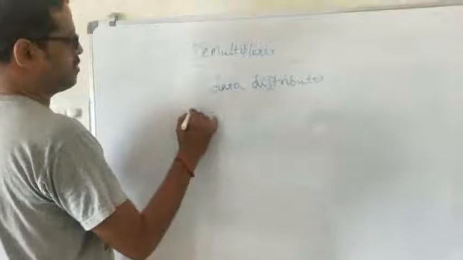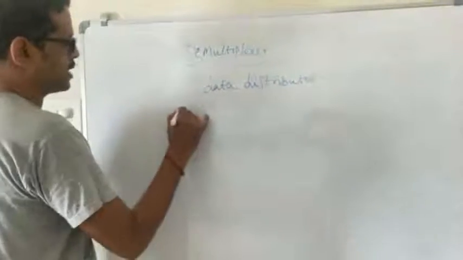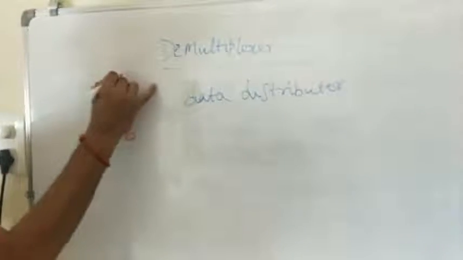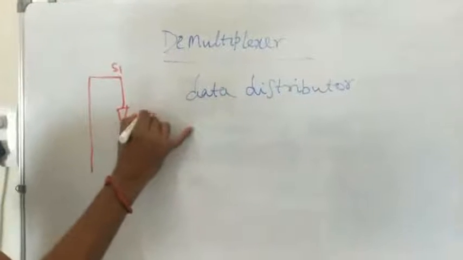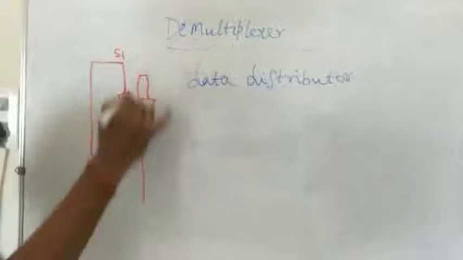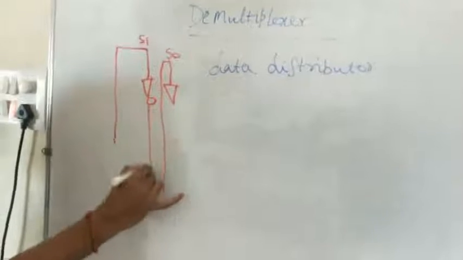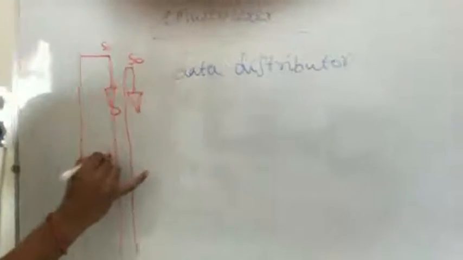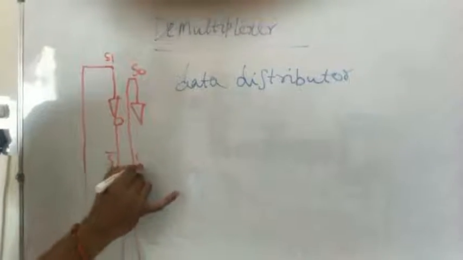Okay, 1 by 4 demultiplexer. Now we'll take 2 selection inputs, S1 and S0. This is S1 dash, this is S0 dash.